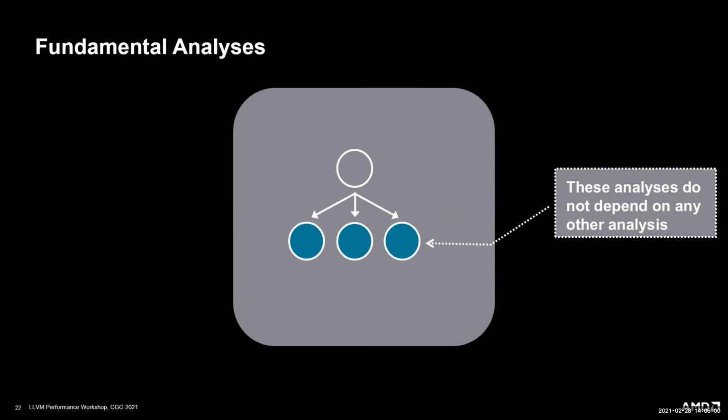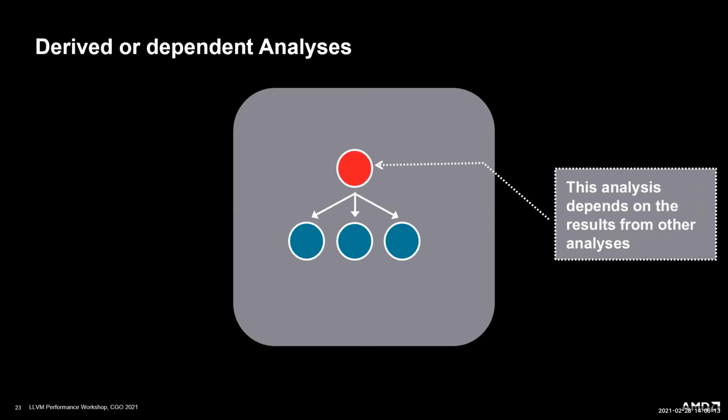Fundamental analyses are the analyses which do not depend on any other analysis. These are the analyses which we will have at the leaf nodes. Then we have derived or dependent analyses, which depend on the results from other analyses. These are a bit difficult to reason about in terms of correctness, because they depend on other analyses.